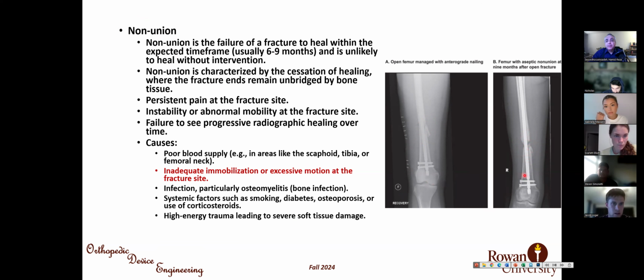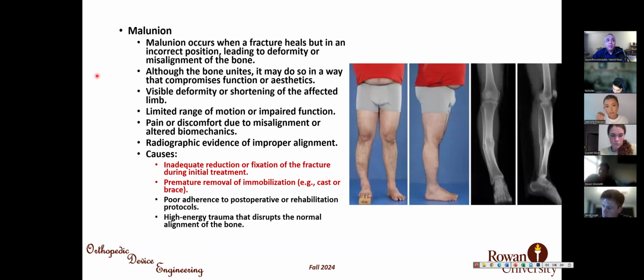Again, the most important reason is our technique and sometimes infection. And malunion means the union has happened, but the alignment is not correct. And as you see, this one is different from this leg. It's because the alignment is not correct. The fracture is united in angulation in both planes. So we need to correct it.